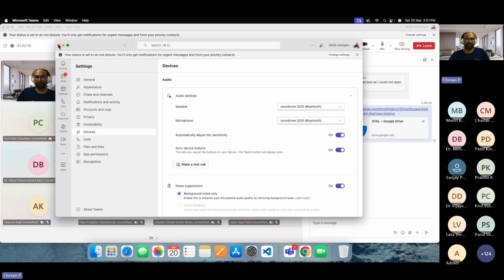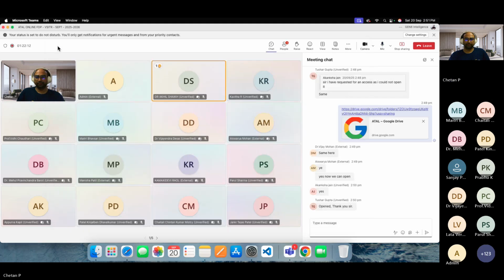Let me know if anyone is facing an issue. Are you able to copy the data and open the Colab?